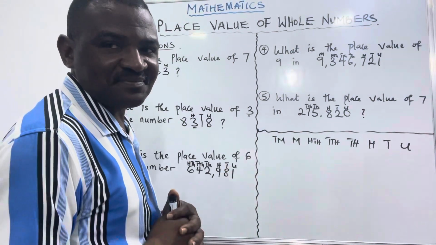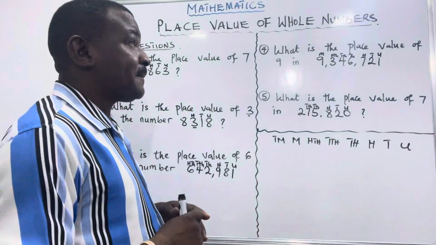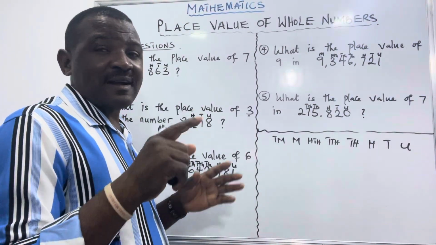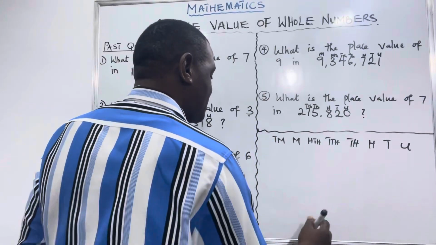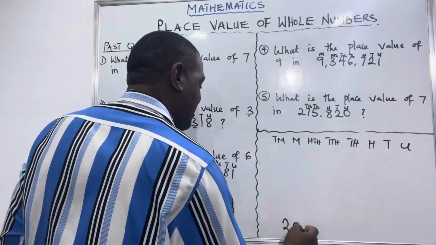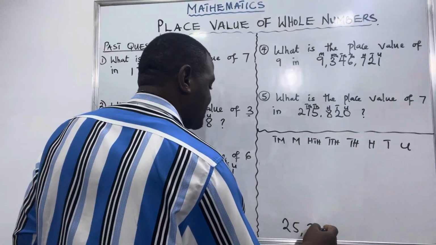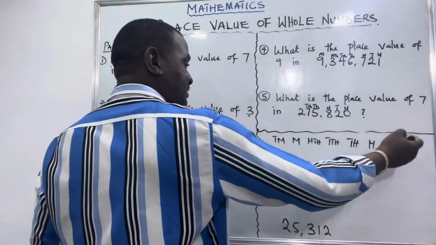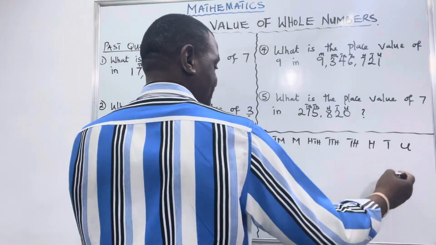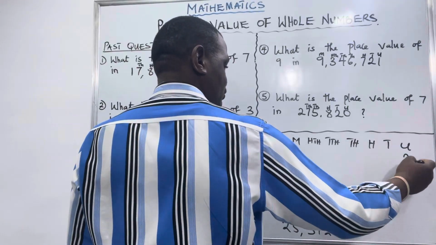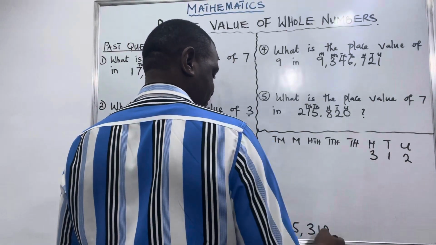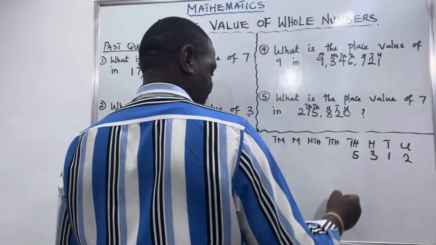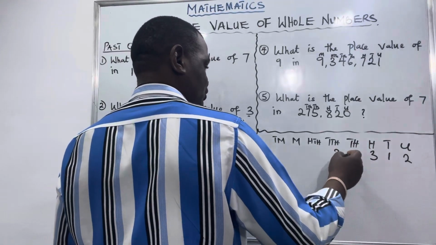Mention any number. Let's say 25,312. Arrange this number here: 2, 5, 3, 1, 2.